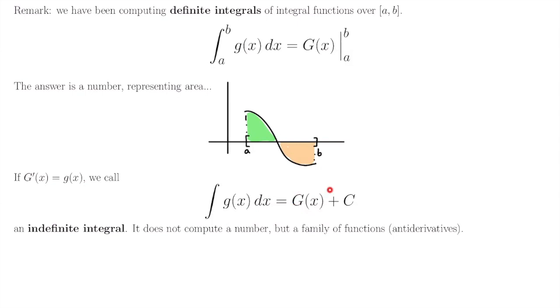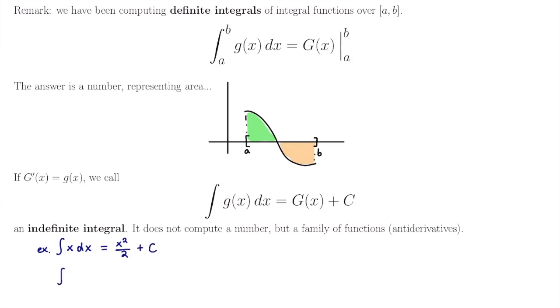So typically, if I were to write capital G of x for a specific little g of x, I choose the most basic antiderivative. For example, the indefinite integral of x dx would be x squared over 2 is the most basic antiderivative plus c.